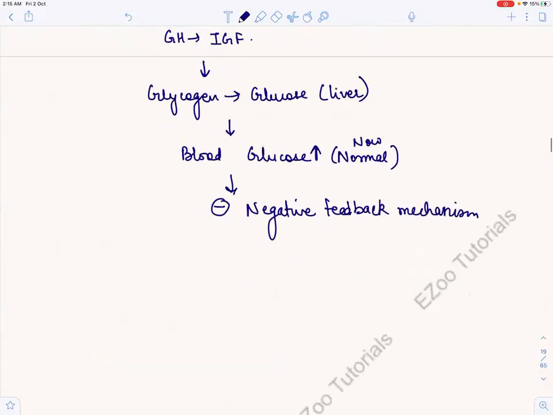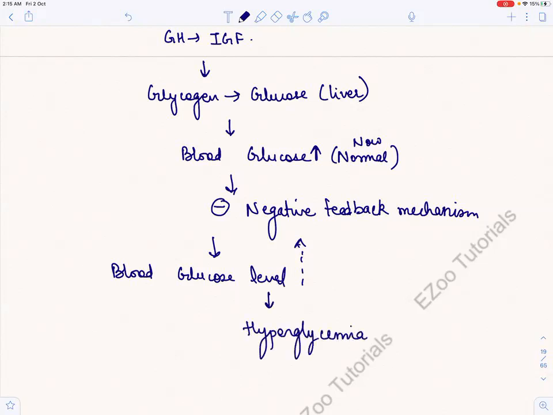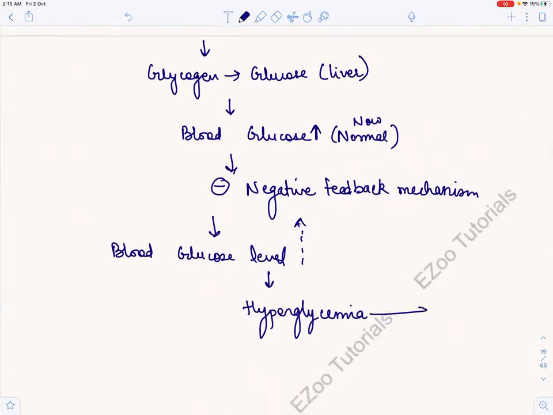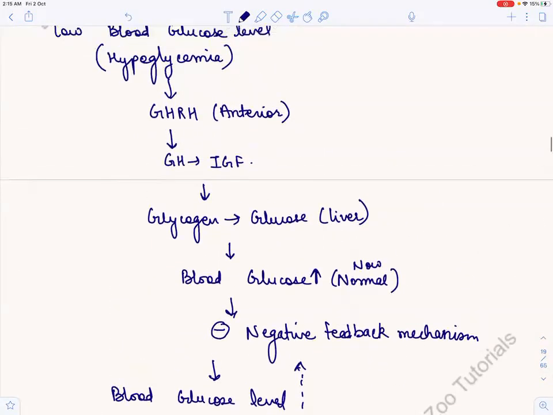If the blood glucose level, agar ye blood glucose level हाई हाई होता जाएगा, तो what will happen? It will result in hyperglycemia, and this hyperglycemia will do what? It will inhibit growth hormone releasing hormone, इसलिए ग्रोथ हार्मोन नहीं होगा, वो आईजीएफ नहीं बनाएगा और ग्लाइकोजन से ग्लूकोज नहीं बनेगी, तो मेंटेन रहेगा, right?